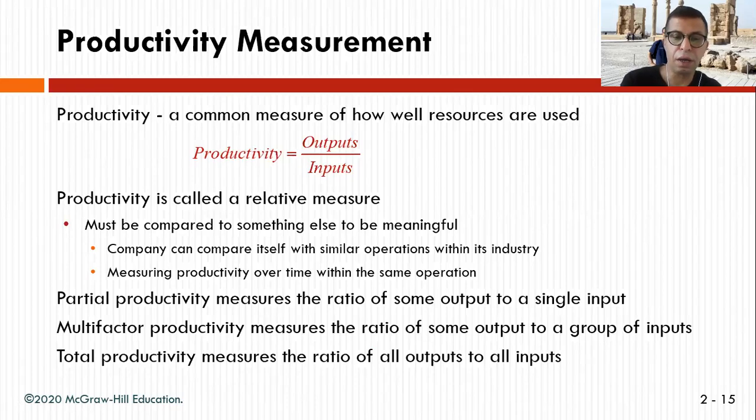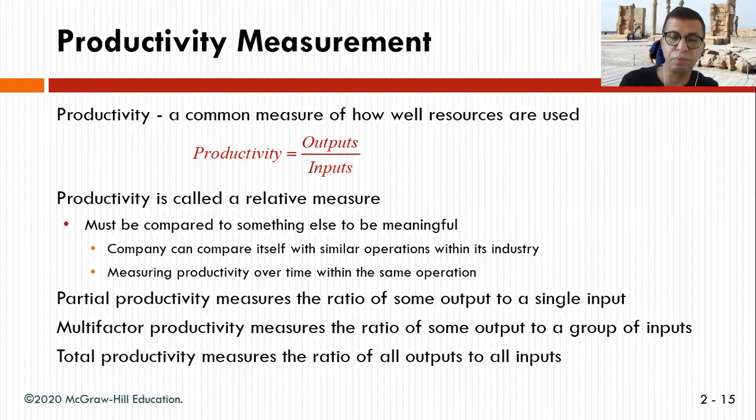A company can compare itself with a similar operation within its industry, or measure productivity over time within the same operation. As I said, you measure it now, you measured it last year, and you see how it has improved, or you can measure it against others.